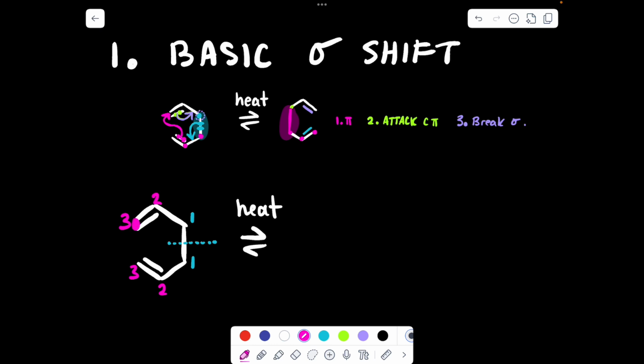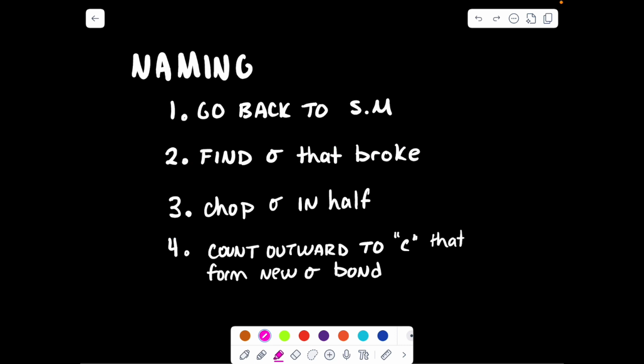So since this carbon and this carbon formed a sigma bond, this would be a 3,3 Sigmatropic rearrangement. Pause this video, rewind, and see if you could label this from the very start yourself. So this would be a 3,3 Sigmatropic rearrangement.